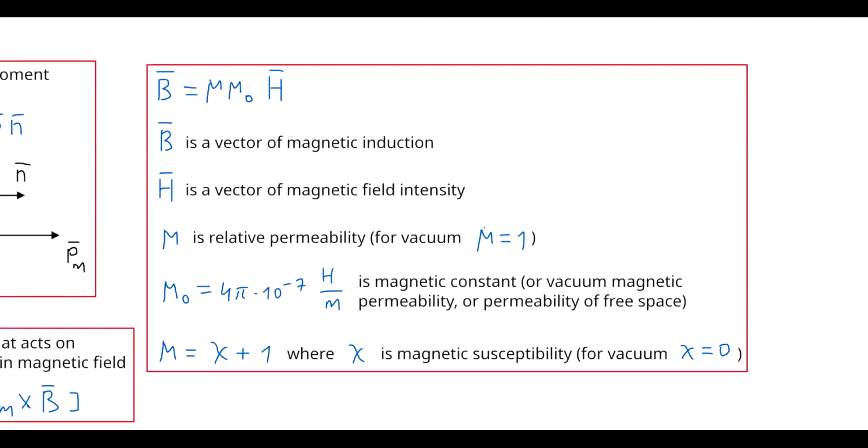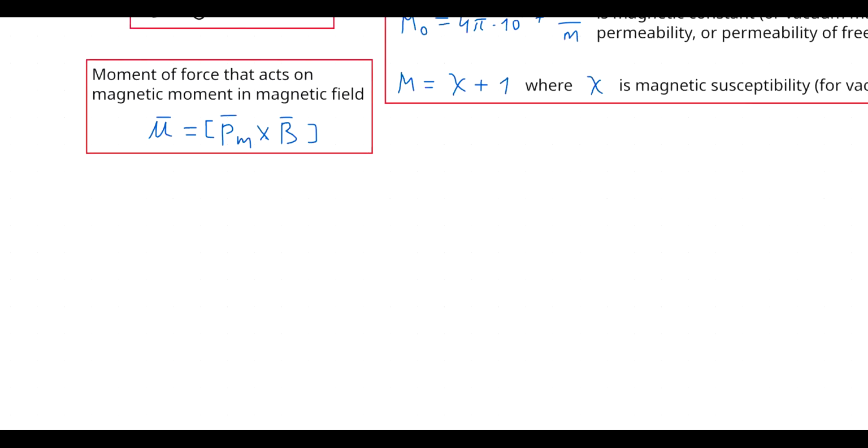Okay, if there are no questions, it is necessary to say that a lot of experiments were conducted, and these experiments have shown that the magnetic field that is produced by any conductor can be calculated with the Biot-Savart law.